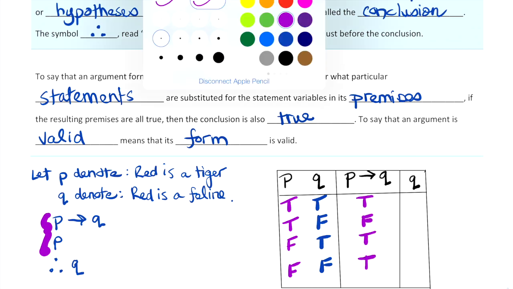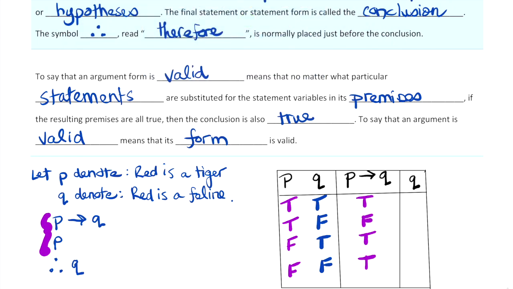I'm going to rewrite Q in a different color. This will be like the conclusion color, all right? And I'm only going to look at the lines where both of my premises are true. This is what the last definition was speaking to. So you only have to check the ones that both have trues, okay?